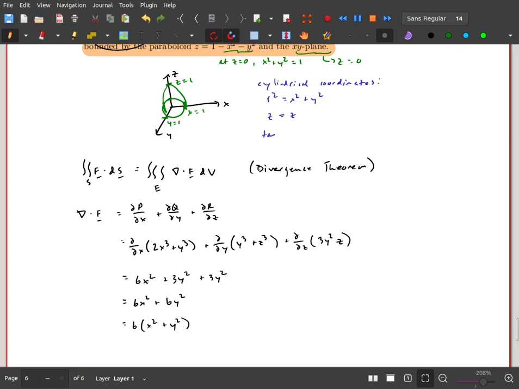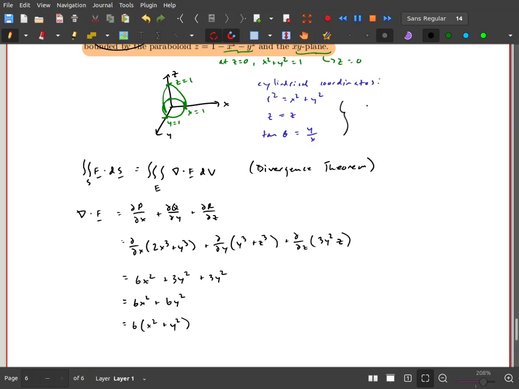So tan of theta will be equal to, opposite over hypotenuse, wait, no, it's opposite over adjacent, so x over y. Okay, so how are we going to convert?